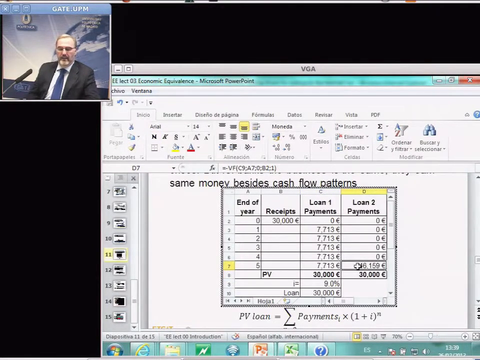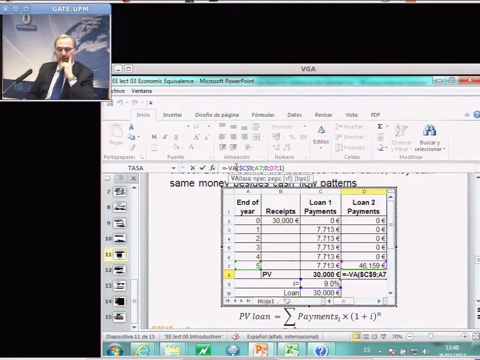And you see here that for the payment 5 years from now, the single lump sum payment of 46,000 euros, the present value is again the rate, 9%.